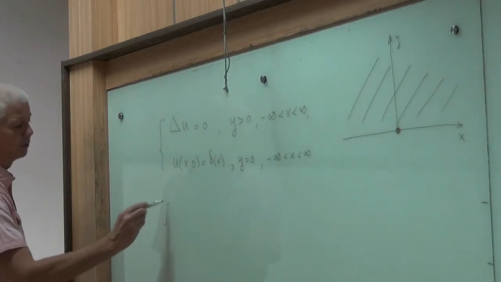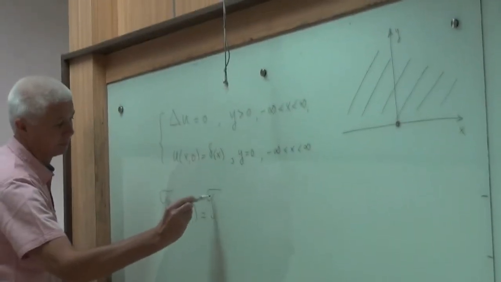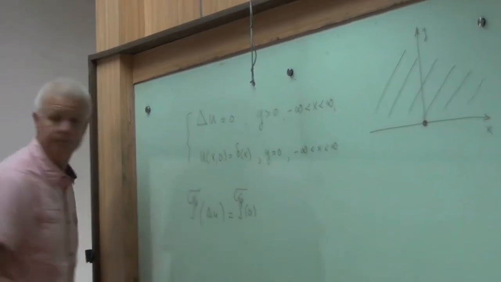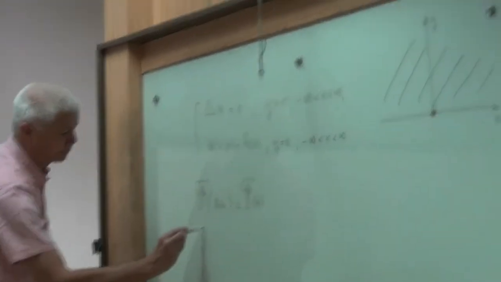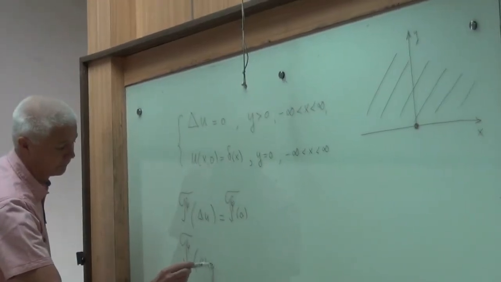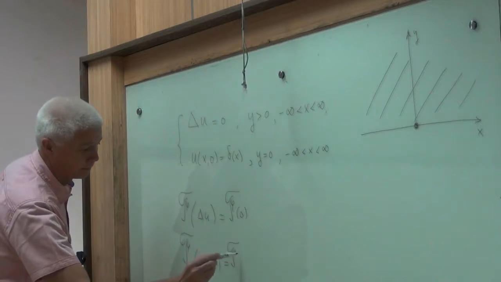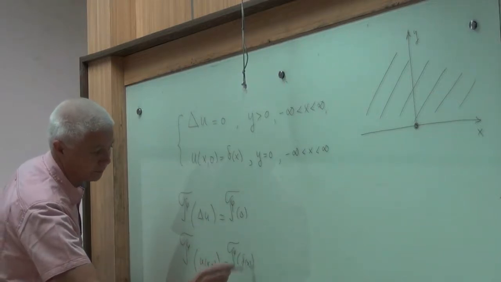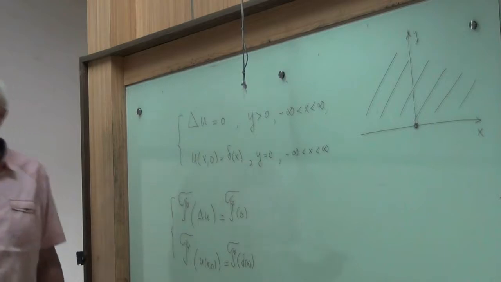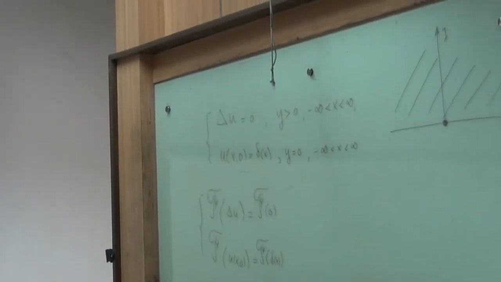So what you're going to do is look at the Fourier transform of your PDE and of your initial function. According to the definition, you can only Fourier transform those variables which run from minus infinity to plus infinity.